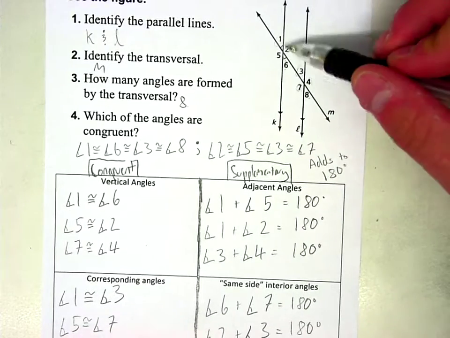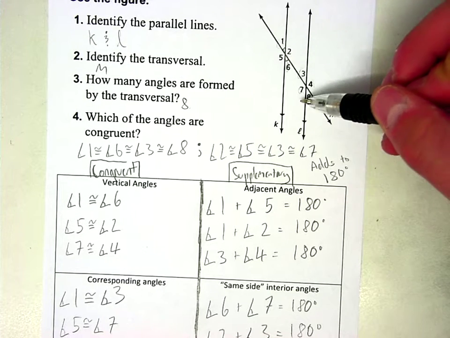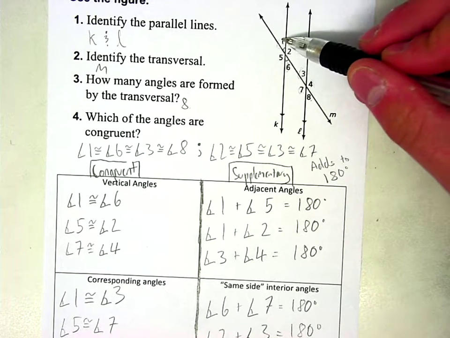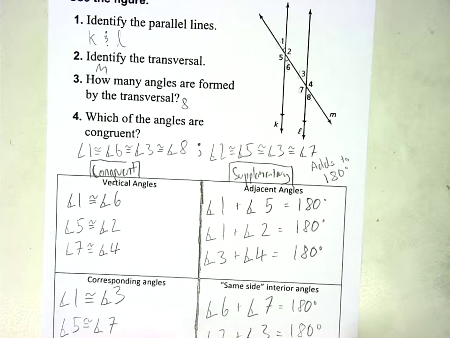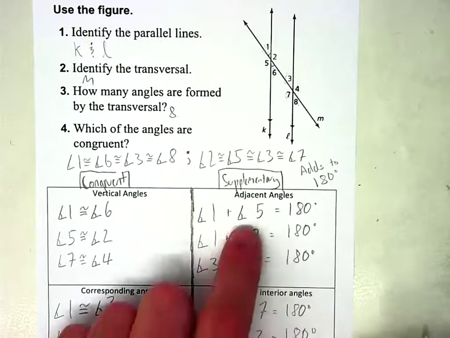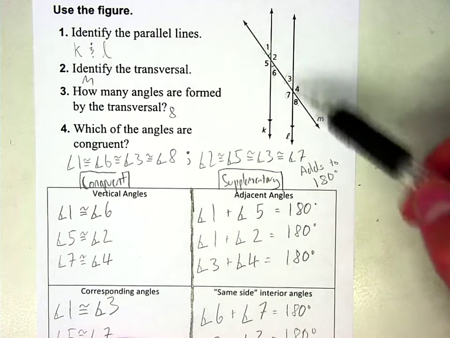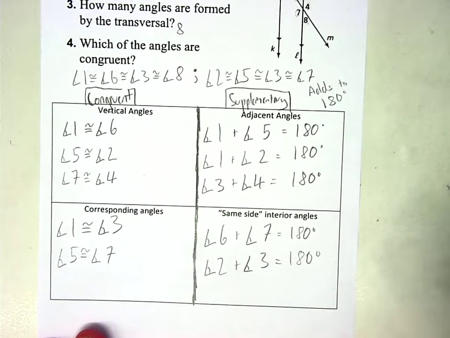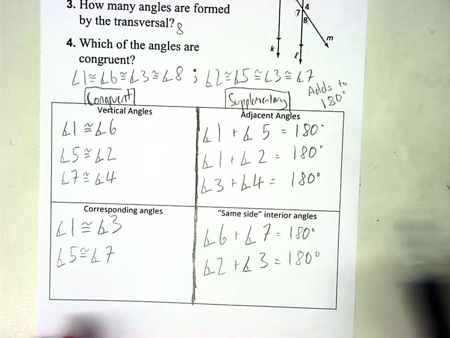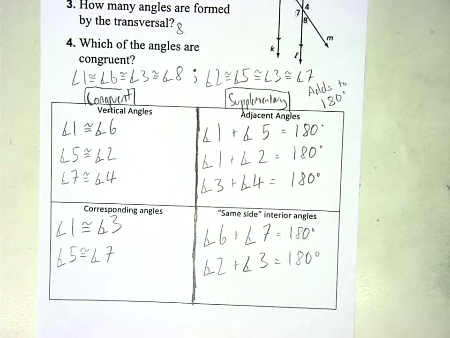Ooh, well, there is a relationship that we haven't written about, but it's not supplementary. They are congruent, as it turns out. But good question. Yeah, there are other relationships we could identify here, but I think these are the most helpful. But yes, there are other relationships out there. Good question. Alrighty then.